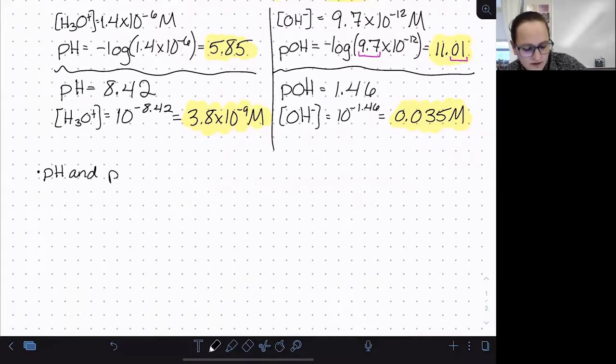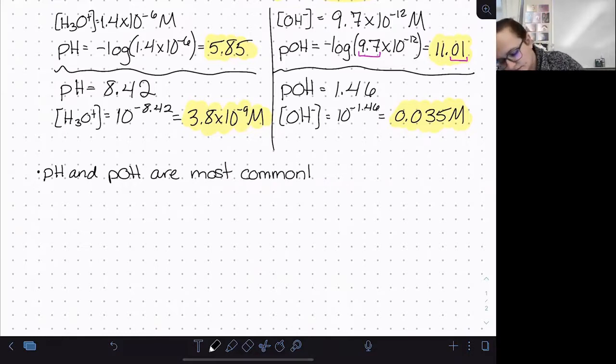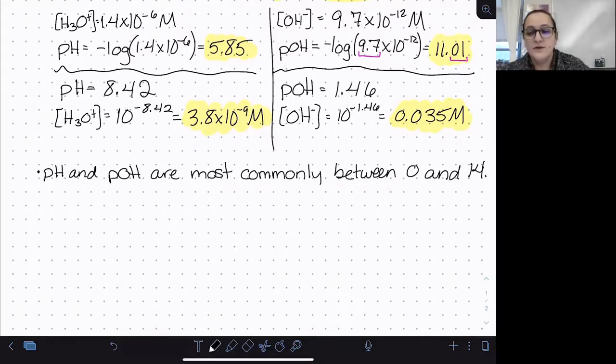So pH and pOH are most commonly between 0 and 14. But please note that values outside of this can exist. You can have negative pH. You can have pH above 14. It's just not very common.